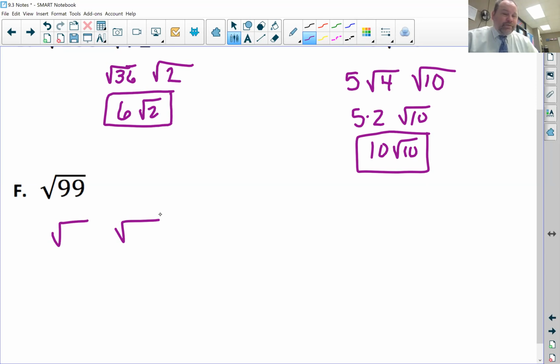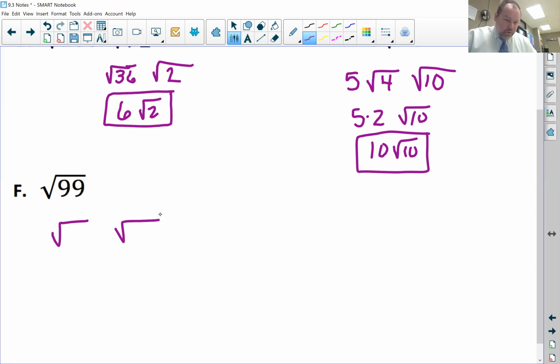After 64 would be 49, and it's so close. 99 divided by 49 would be 2 and 1 over 49, so almost there, but 49 doesn't work. Then 36. 99 divided by 36 doesn't come out as an integer, so we can't use 36.